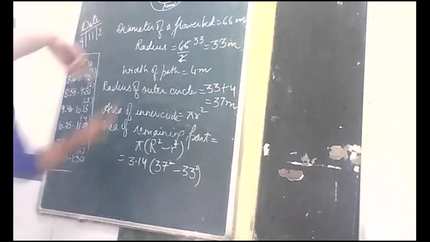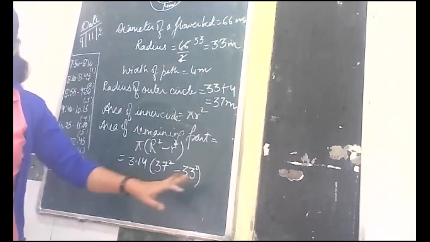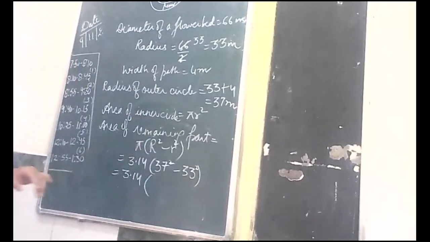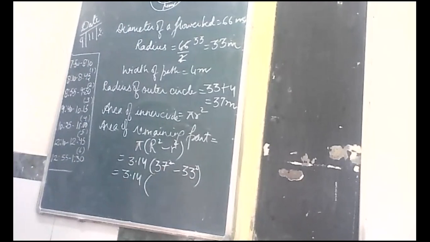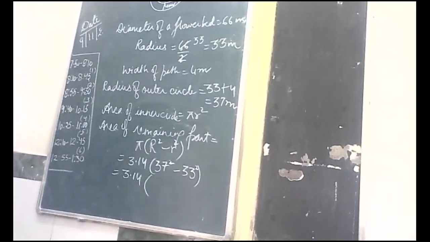So 37 square minus 33 square, times 3.14. 37 into 37, solve it. 37 into 37. When you subtract it, you will be getting 74 at that time.